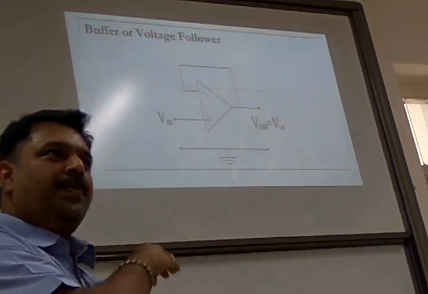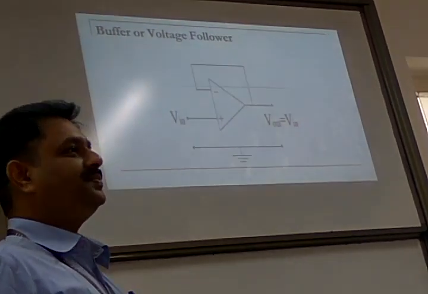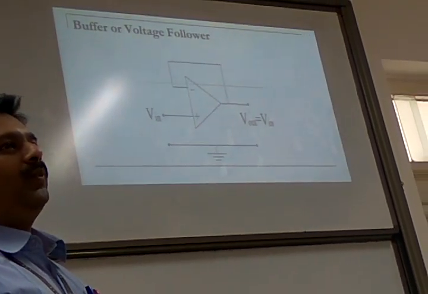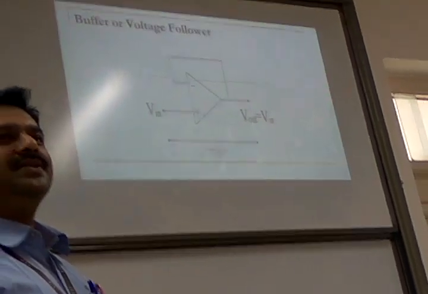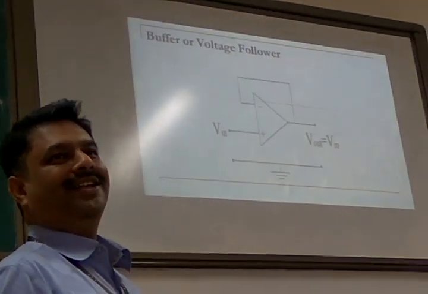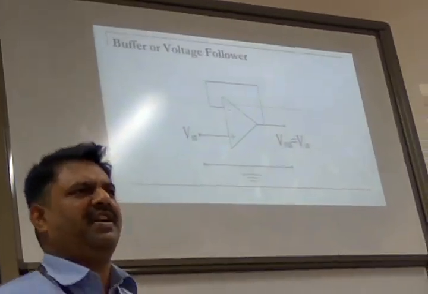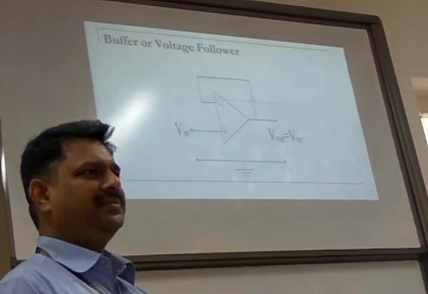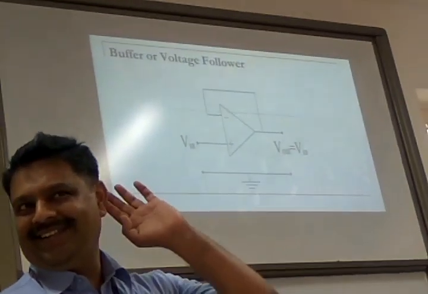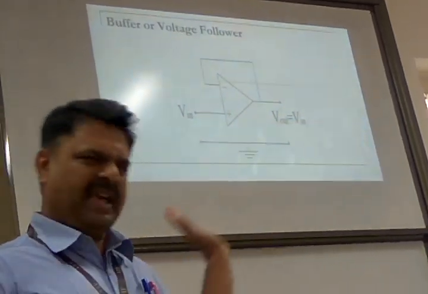If input is equal to output, why should we use the buffer at all? Any response? Why should we use it? What is the important characteristic of an amplifier? Power level is not increased, same power level.